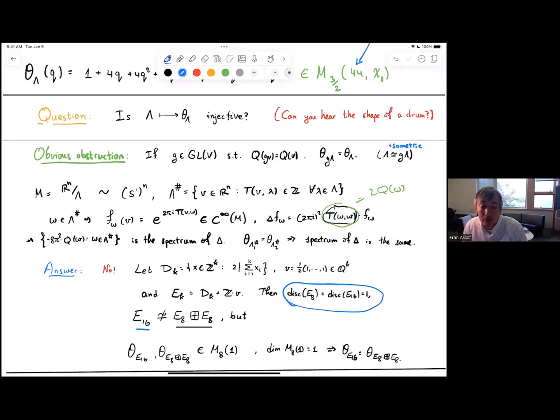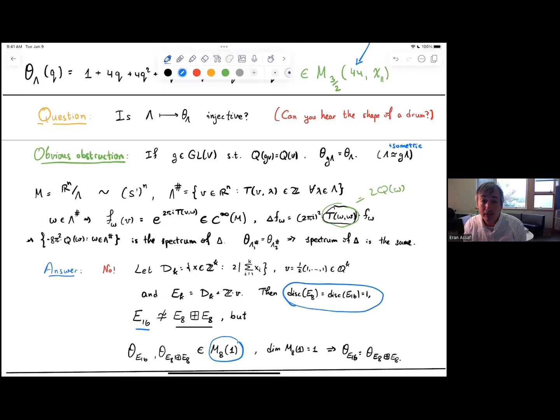But of course, if we use the theta map, we know that we're going to land in this vector space of holomorphic modular forms of weight 8 and level 1. And this vector space has dimension 1, which tells us that these generating series are the same. Okay, so this is a famous example of how you can't hear the shape of a drum.